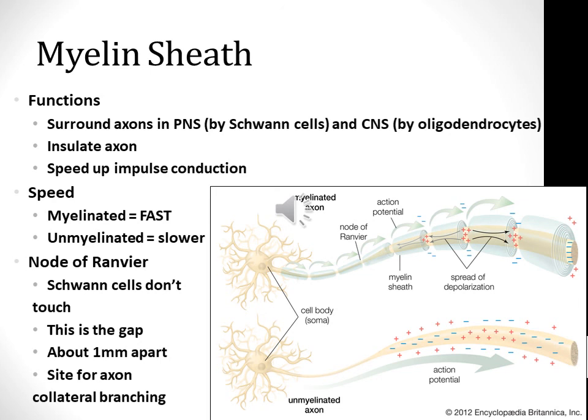But the point here is to speed up this transmission where it's essentially hopping from one spot to the next. But the node of Ranvier is a place where there's a gap between those Schwann cells that wrap the axon. And you can see I've kind of started to hint at action potential and how that's going to work.